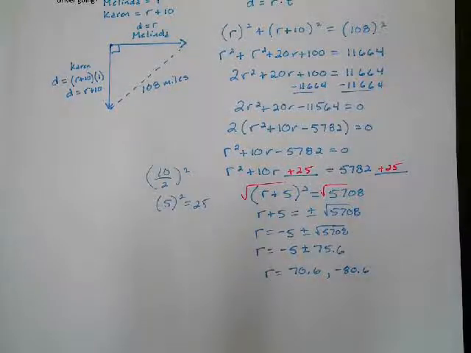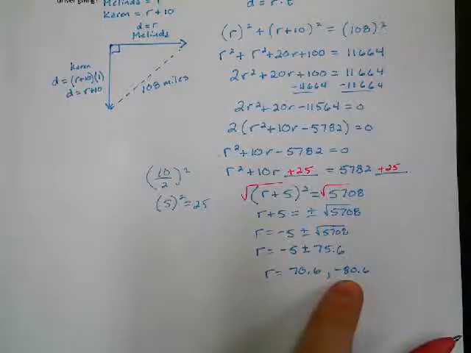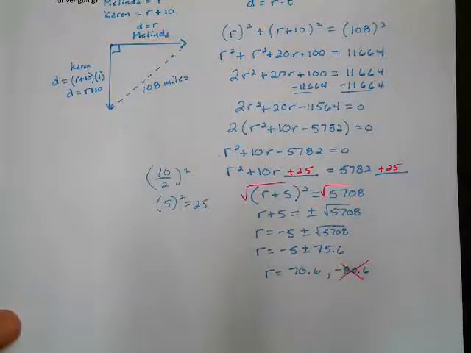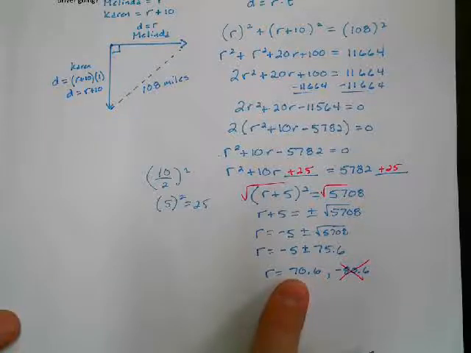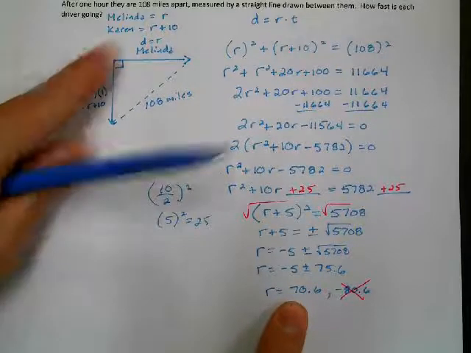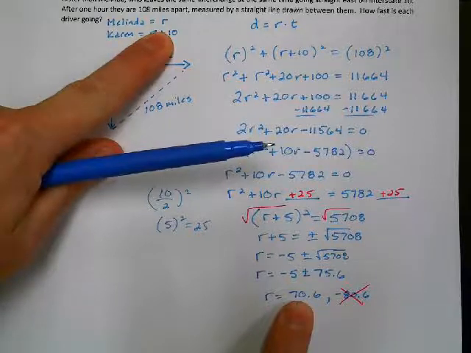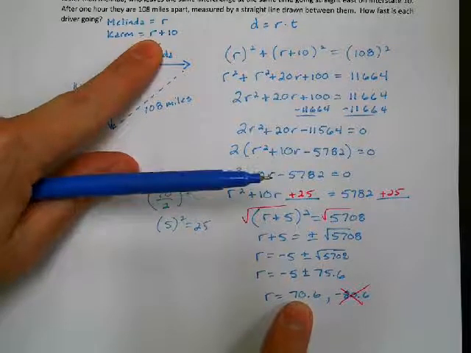Looks like there's only one answer that makes sense. It looks like Melinda, way up here, is going 70.6 miles per hour. And Karen is going 70.6 plus 10. She's going 80.6 miles per hour and is going to get pulled over.